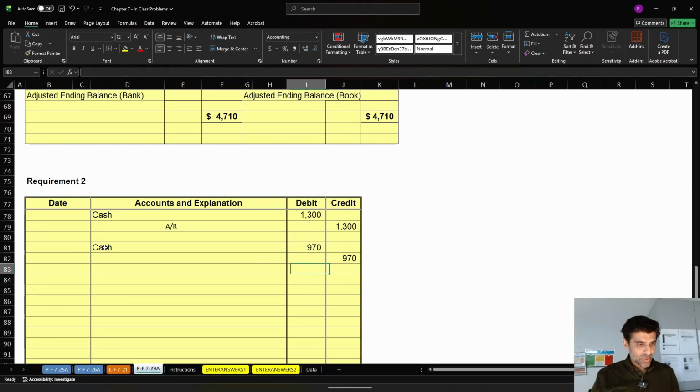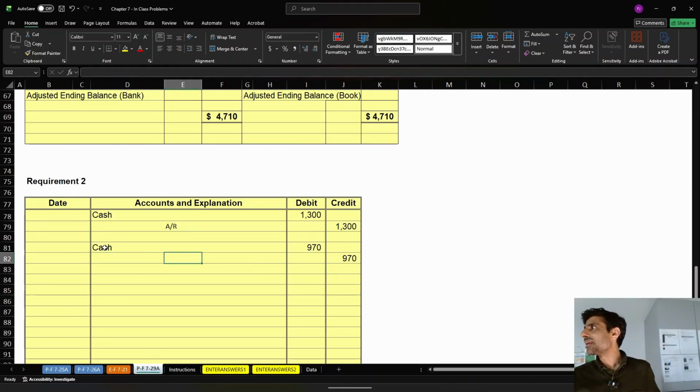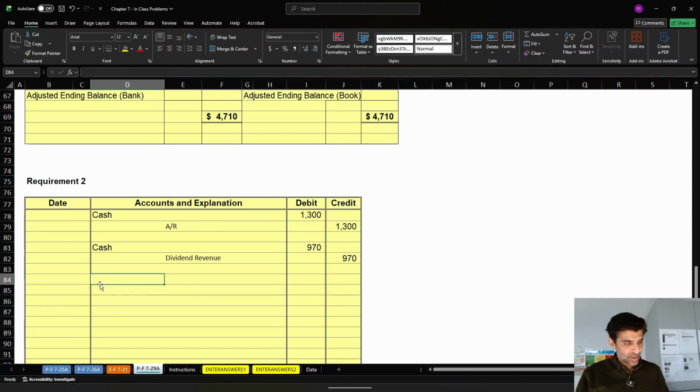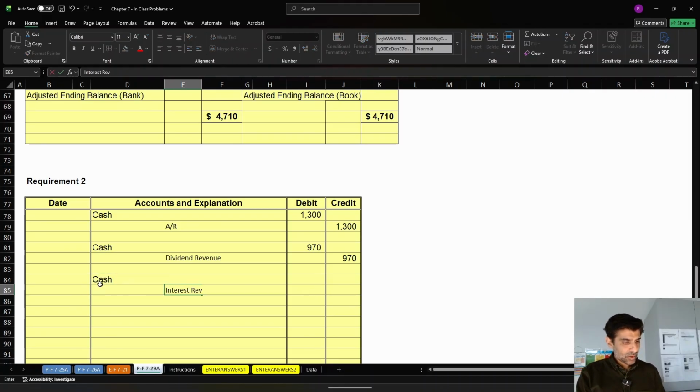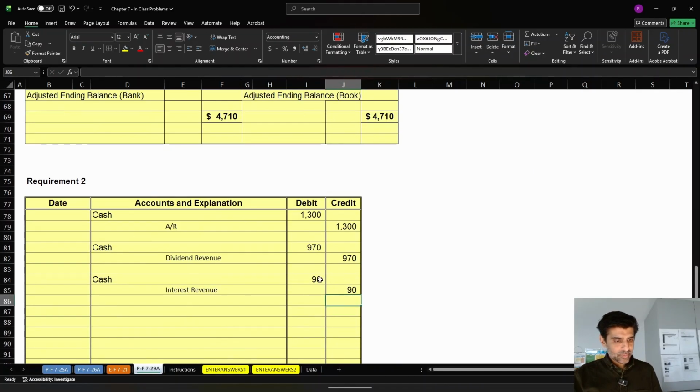It's simple. What is the credit? It's the name of the adjustment: dividend revenue. Is everyone good with that? Revenue, credit normal, right? So this is pretty straightforward. And then the other one was the same thing, cash debit, but it was interest revenue. So similar.